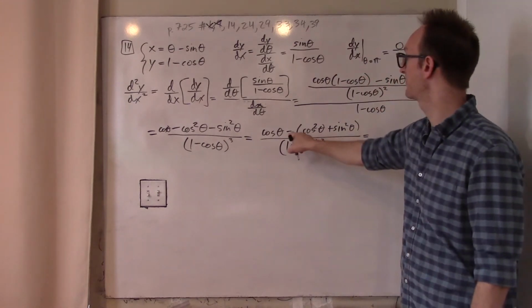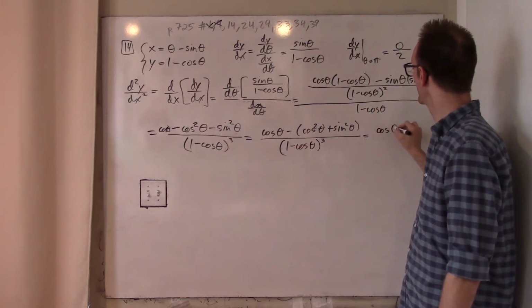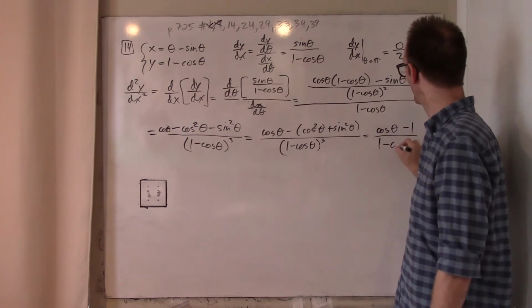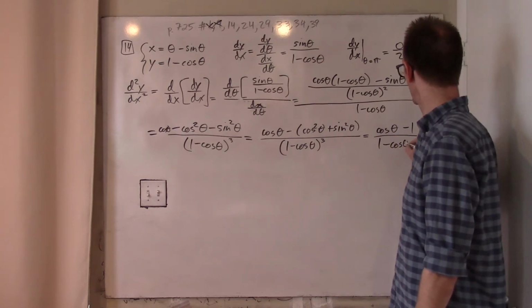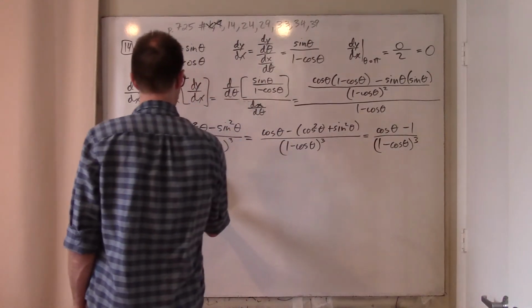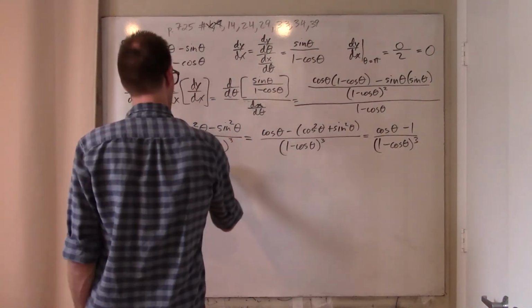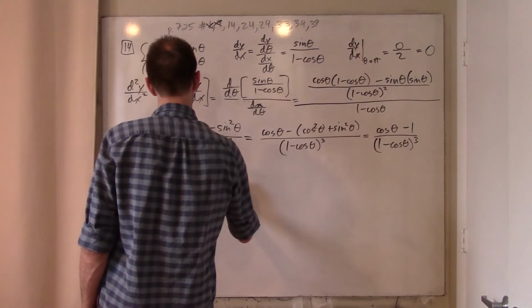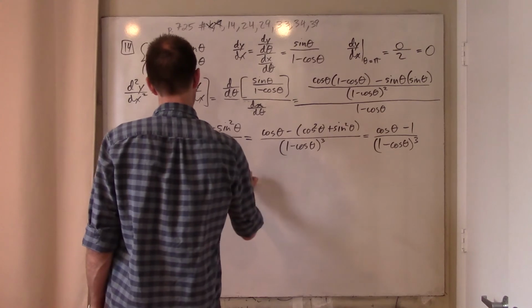So that ends up being cosine theta minus 1 over 1 minus cosine theta cubed. Okay, so one of those are going to cancel, and I guess I just get negative 1 over 1 minus cosine theta quantity squared.